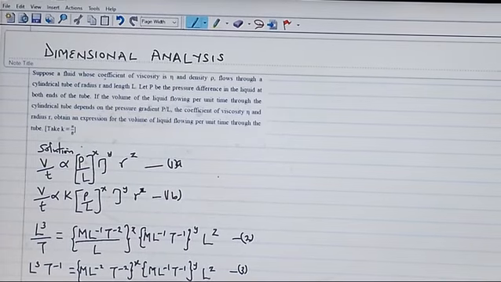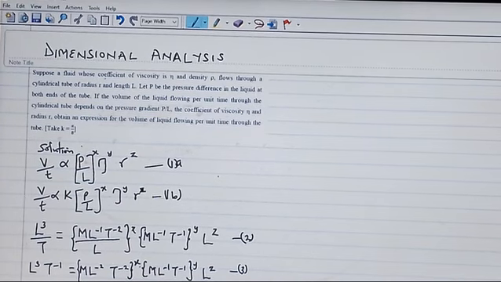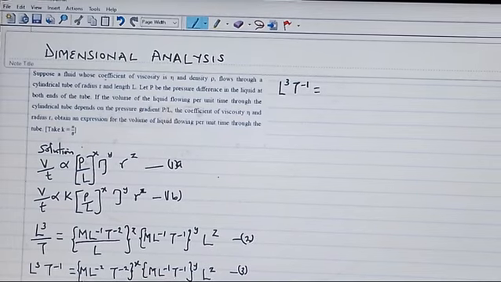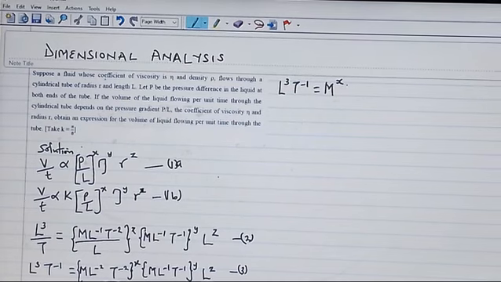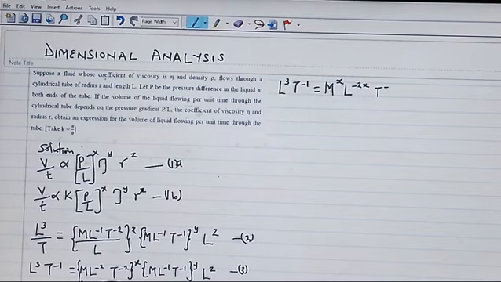So we will now expand equation 3. We have all these quantities raised to some power. So we are going to expand these brackets. So on the left hand side we have L raised to power 3 T raised to power minus 1 is equal to, we are going to expand this first. So we have M raised to power x, then L raised to power minus 2x, T raised to power minus 2x.